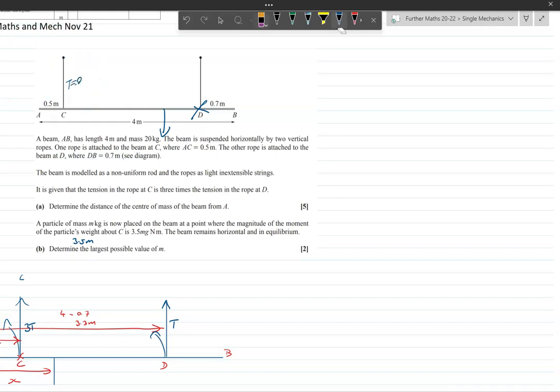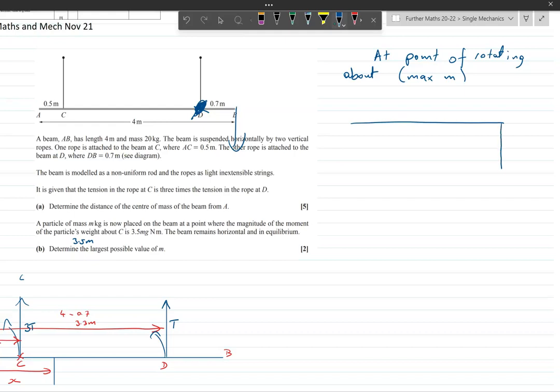If we put too much of a weight there, it'll start to rotate about here. So I will give a scenario at the point of rotating about D.